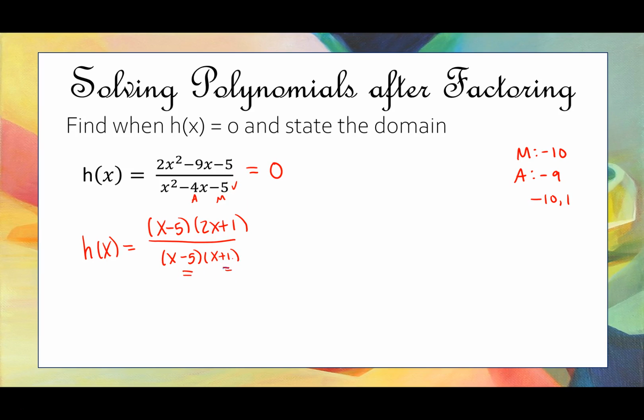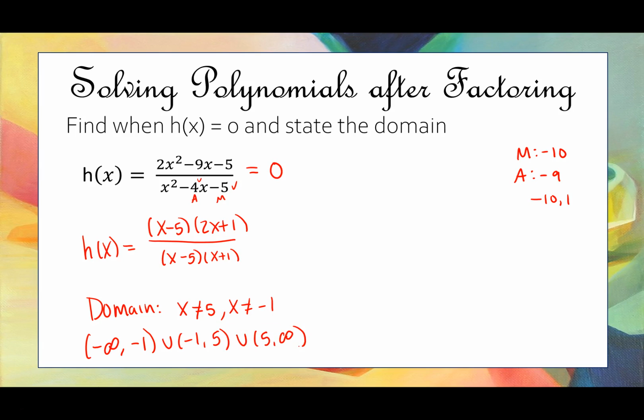Negative 5 plus 1 is this. So for our domain, we cannot have x equal to 5, because that would make this whole thing 0. And we cannot have x equal to negative 1. So we're going to have from negative infinity to minus 1, union from minus 1 to 5, union 5 to infinity. And if you don't believe me, you can go ahead and draw that table out that we usually draw.